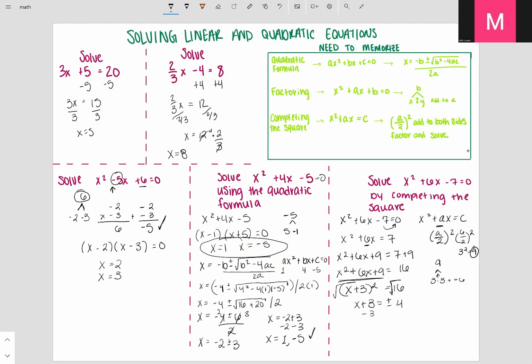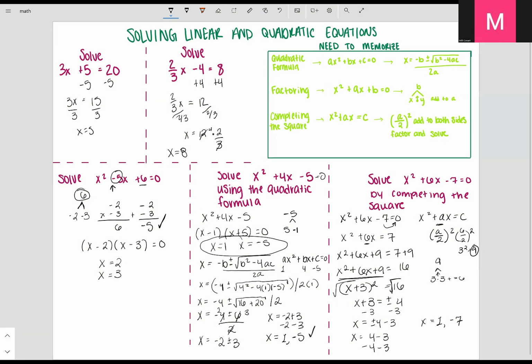Now we can subtract 3. We have x equals plus or minus 4 minus 3. So we have x equals 4 minus 3 and -4 minus 3. So x equals 1 and x equals -7. And if we want to check this, we have to go back to this form. So when we multiply it out, we would say x minus 1 times x plus 7.